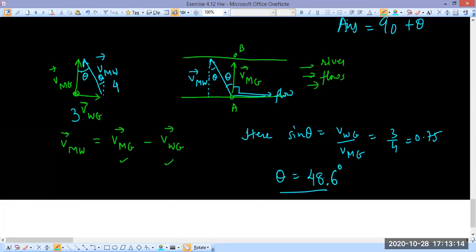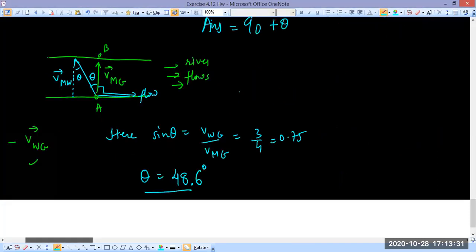Okay, so this is angle 48.6 degrees. Is table given in board exam? I think yes. So theta is 48.6 degrees. So final answer is 138.6 degrees.